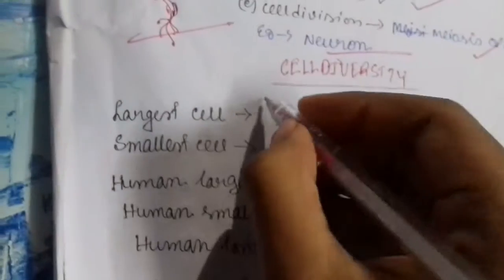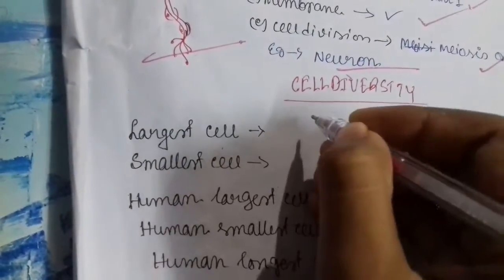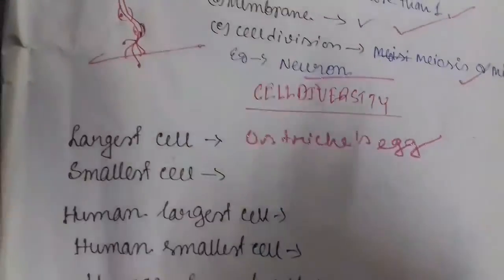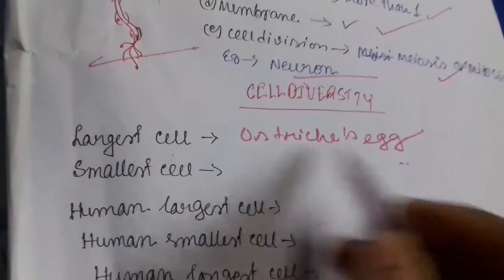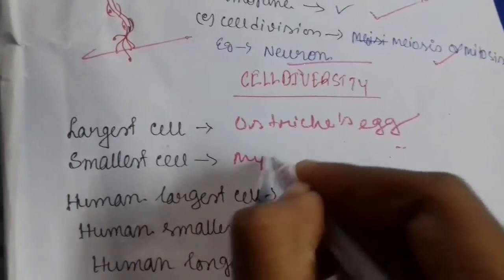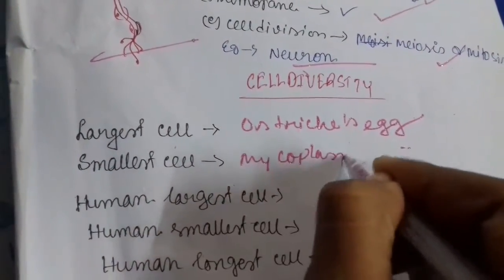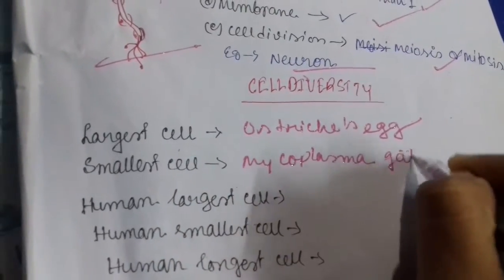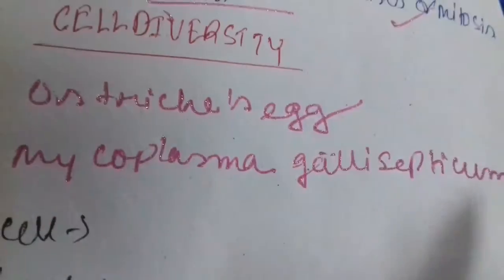Then came cell diversity. Which is the largest cell? The largest cell is the ostrich's egg. The smallest cell is Mycoplasma gallisepticum.